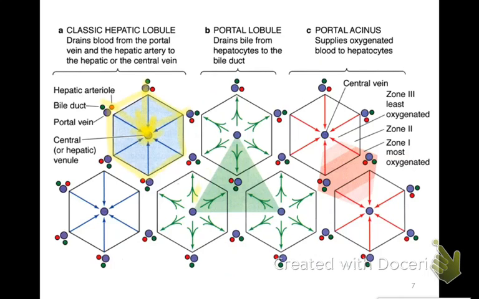We could look at a portal lobule. This green is the bile. The bile is being drained into that bile duct right there. Or we could look at the portal acinus, in that we have zone 1, zone 2, and zone 3.